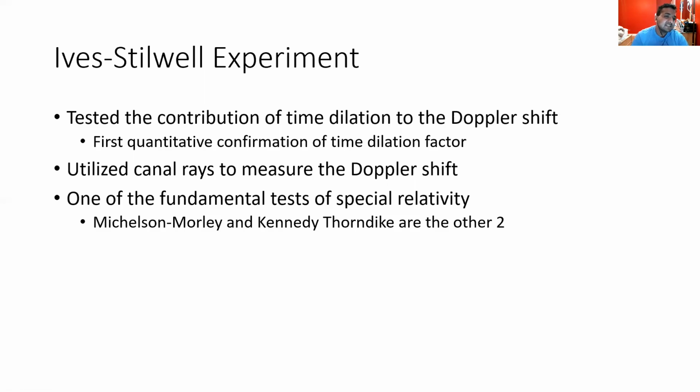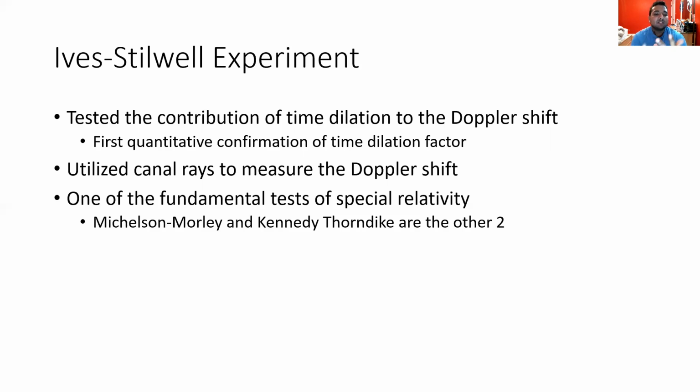Last experiment, there's no picture for this one because the pictures don't make sense for the Ives-Stilwell experiment. They were testing the contribution of time dilation to Doppler shift. Time dilation is the idea of things moving faster have a different time frame. I don't even know how to explain this. They experience time differently.